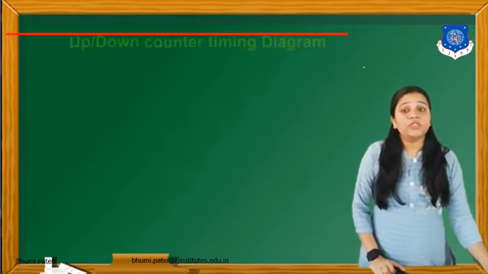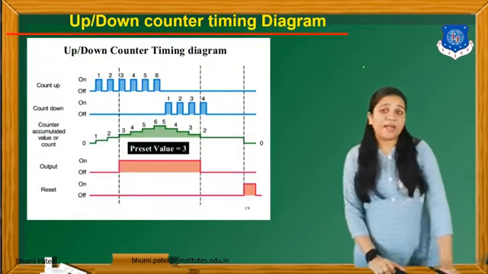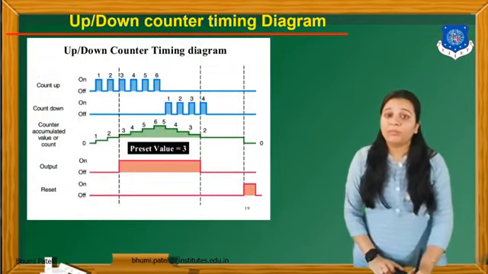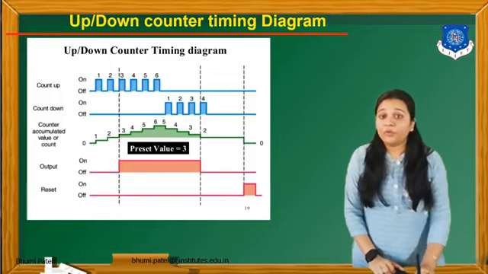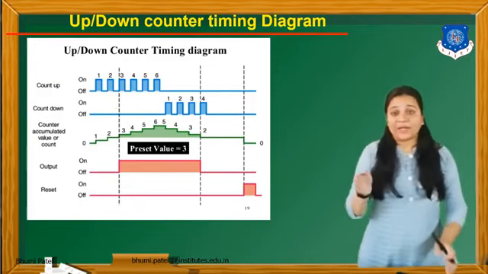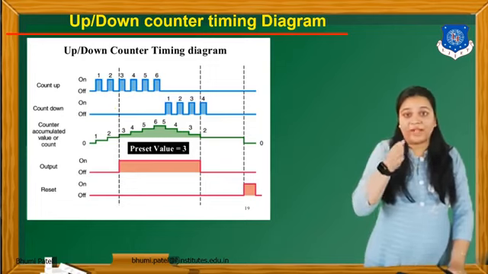If we use the up down counter combined, this is the timing diagram of the up down counter. Here the count up bit is given, and the count down bit is given. Whenever the count up bit goes from false to true, my count will increase from 0 to 1, 2, 3, 4, 5, 6.